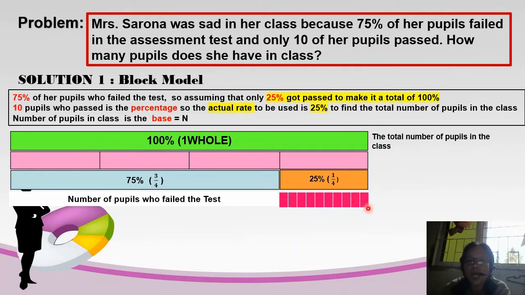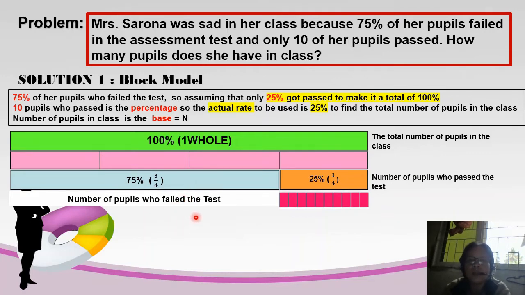Let's try to count how many blocks there are. 1, 2, 3, 4, 5, 6, 7, 8, 9, 10. Therefore, each smaller block here is represented by 10 smallest blocks. So this will go the same with the 3 remaining blocks, which make up the 75% or 3/4 of the population of Mrs. Sarona's class who failed the test.